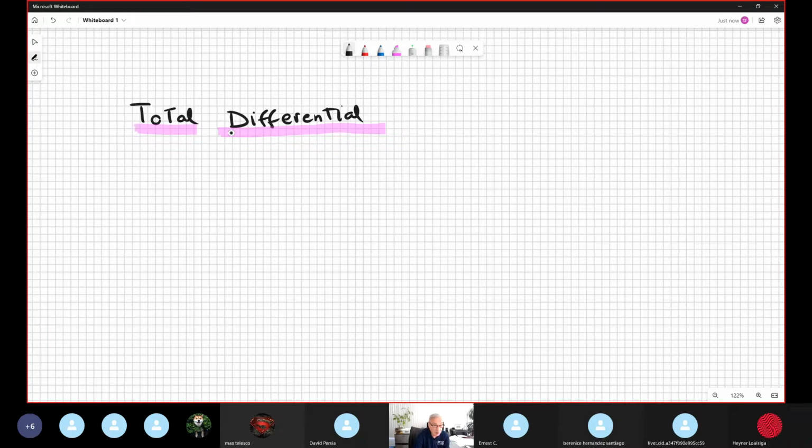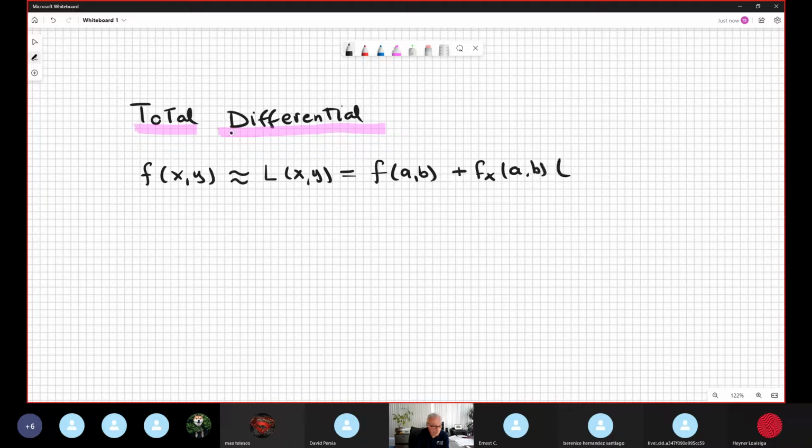Okay, suppose again, one more time, we have a big complicated function, and this is approximately a linear approximation. And the linear approximation is the tangent plane. The tangent plane is f(a,b) at a specific point, plus the partial derivative with respect to x evaluated at (a,b) times (x minus a), plus the partial derivative with respect to y evaluated at the same point times (y minus b).